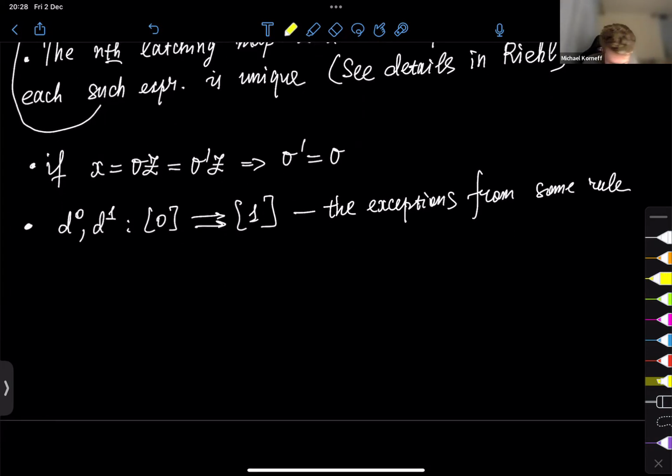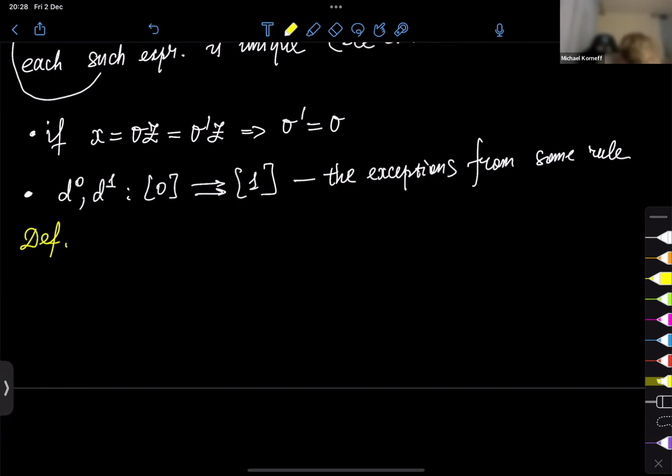Okay, and now I define the Eilenberg-Zilber property.